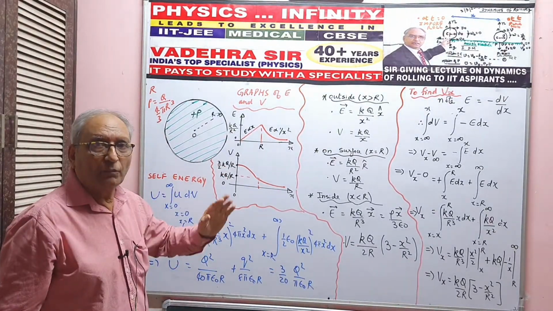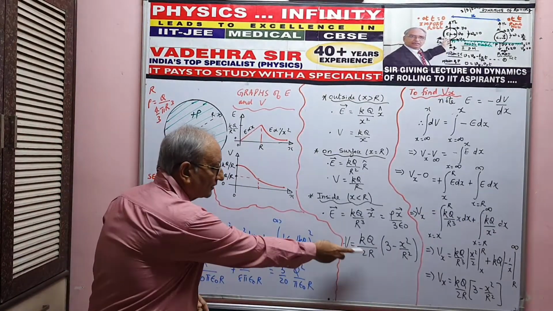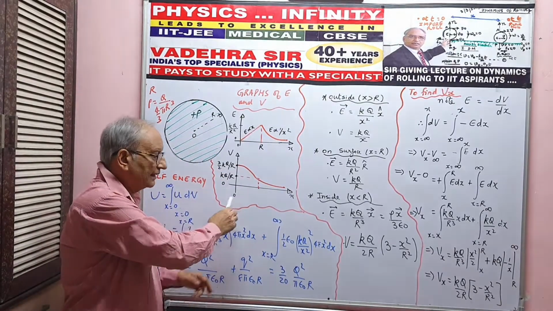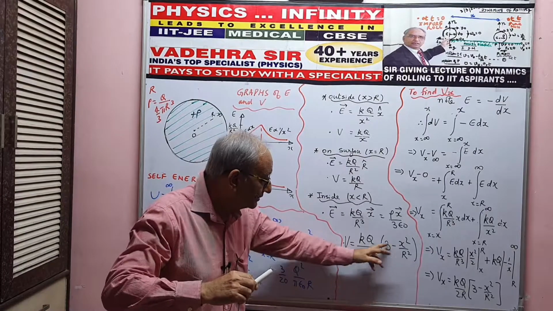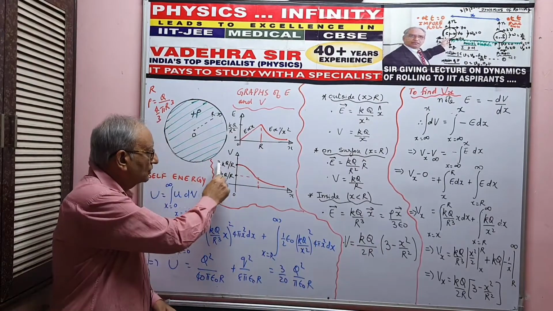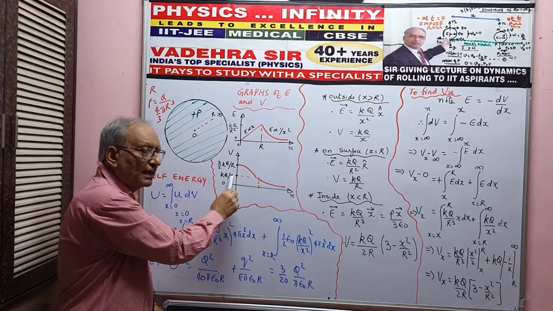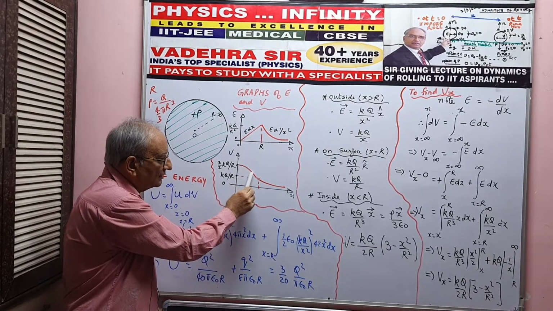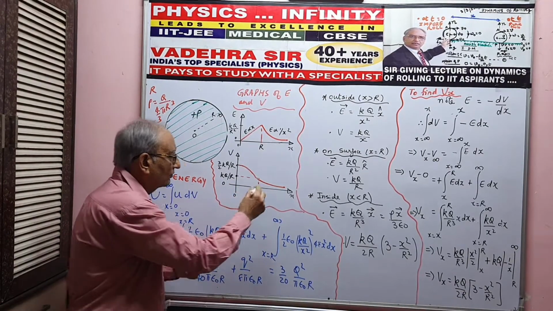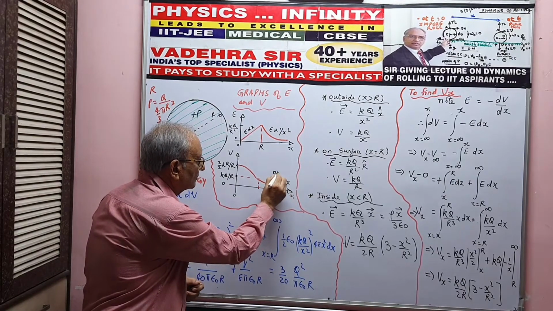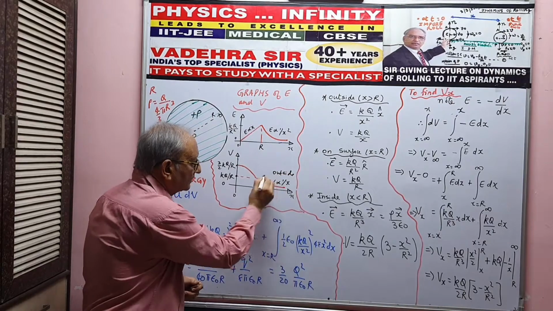Potential. Now potential from this expression, when x is 0, that means at the center, it is 3 by 2 kq by r, and on the surface it is kq by r. So the curve goes like this, and outside, of course, V is proportional to 1 by x. This is a rectangular hyperbola.